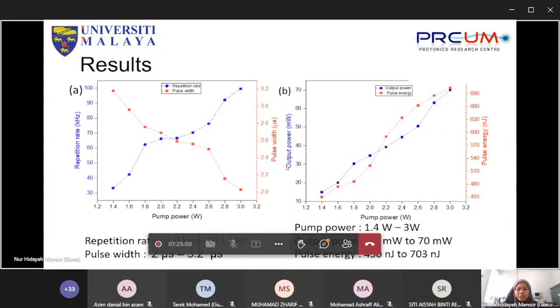For the graph of output power, we are pumping from 1.4 watts until 3 watts of pump power, and then we get around 70 milliwatts of Q-switched power. The maximum pulse energy which we get is 703 nanojoules.